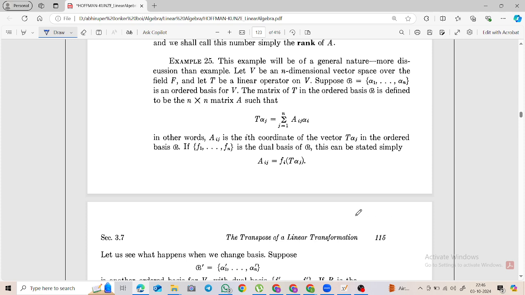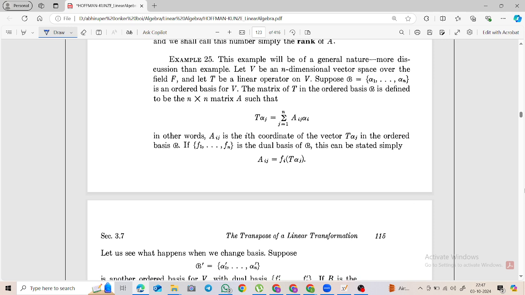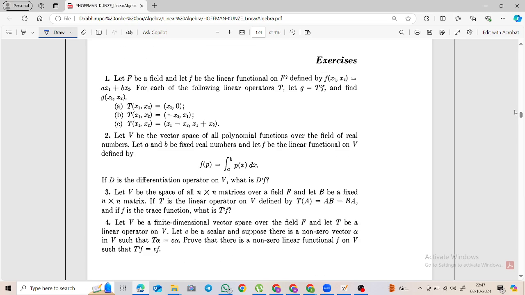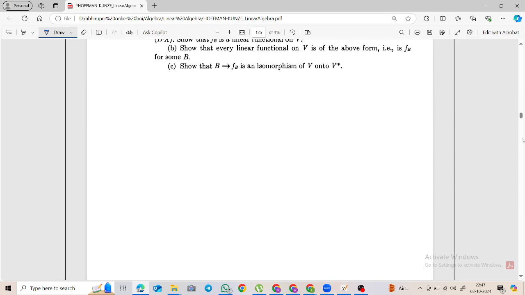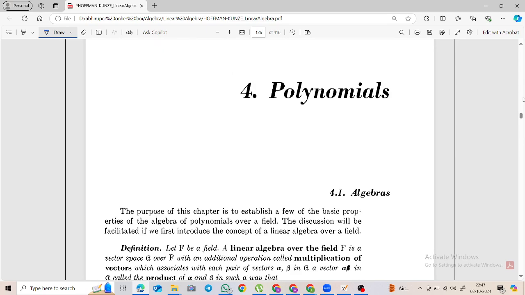So there is an example, right? This example will be of general nature, more discussion than example. Okay, so this is the last example, so I think we should be able to conclude this chapter today.